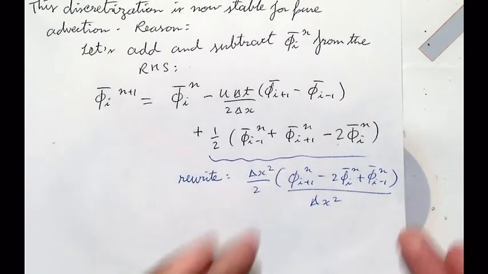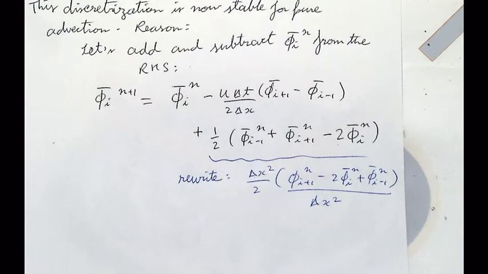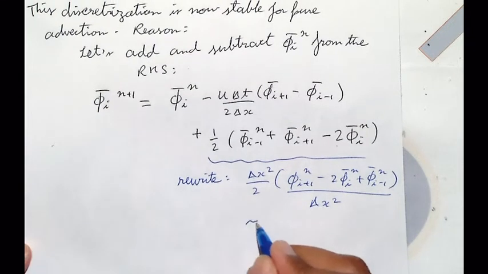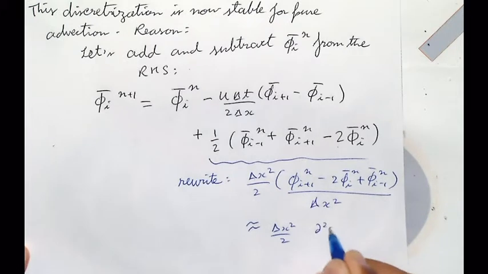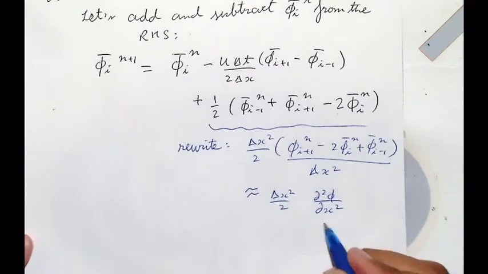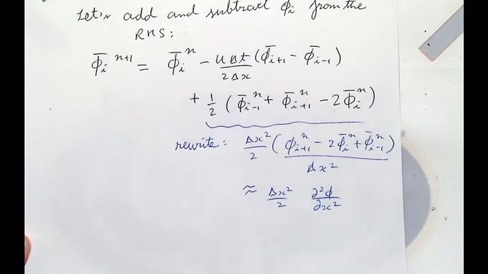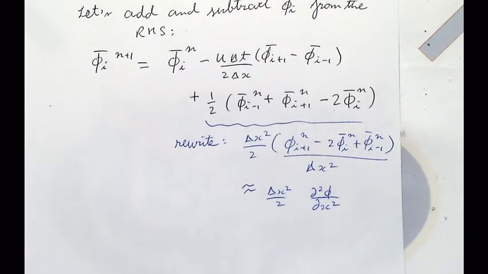What does this look like now? Second derivative? Yeah, this looks like d2 phi over dx squared. So this is delta x squared over 2 times del 2 phi over del x squared. And this is now called numerical diffusion.